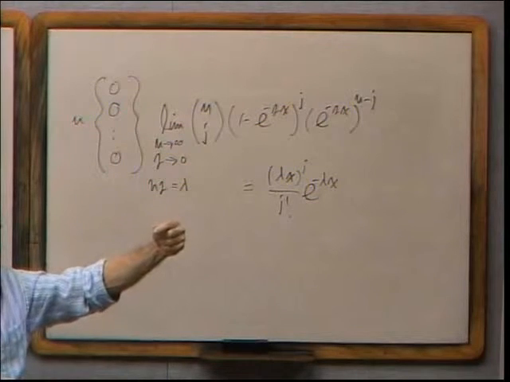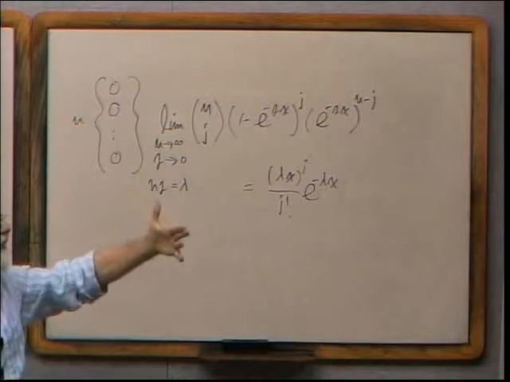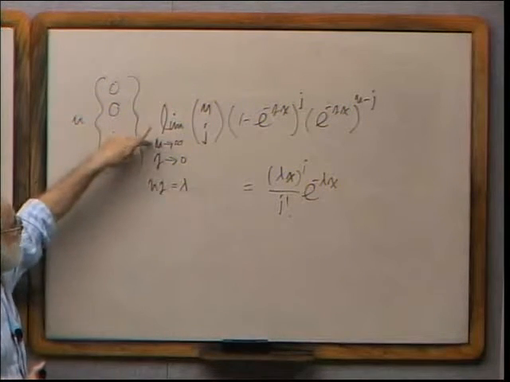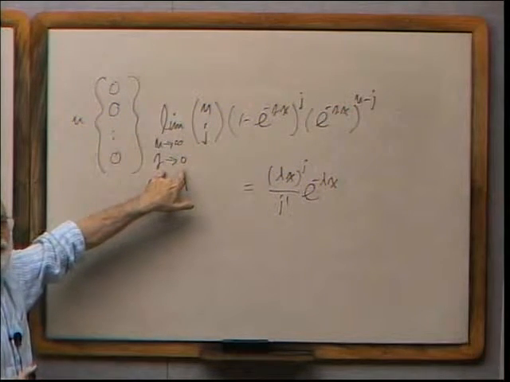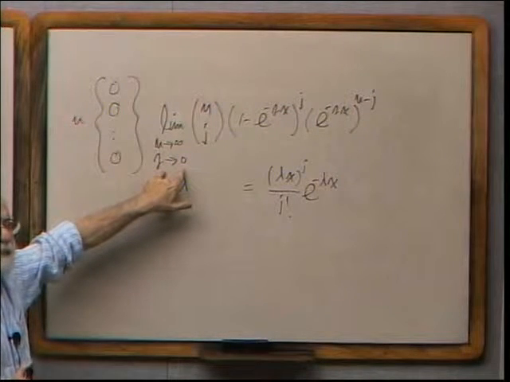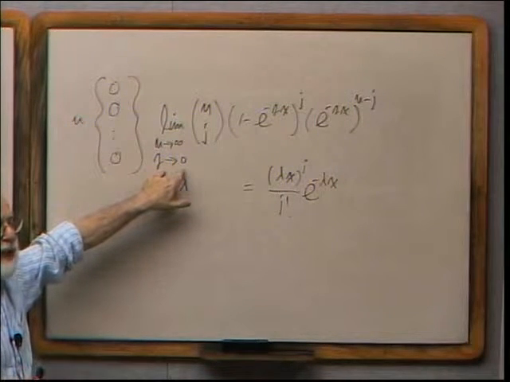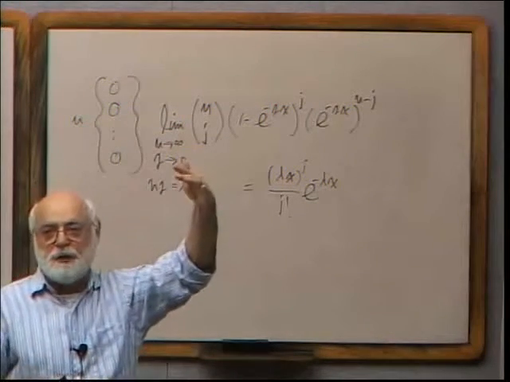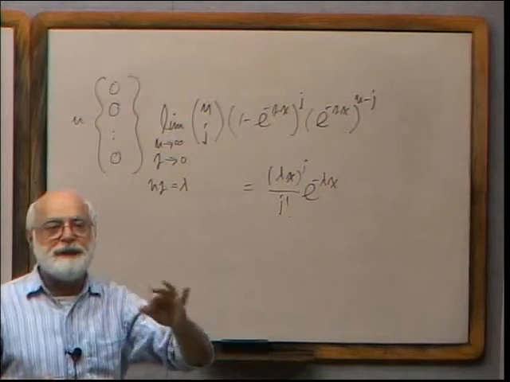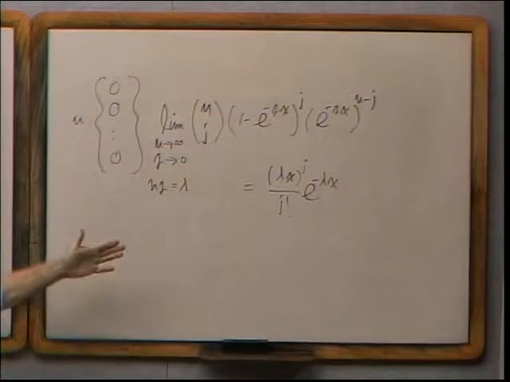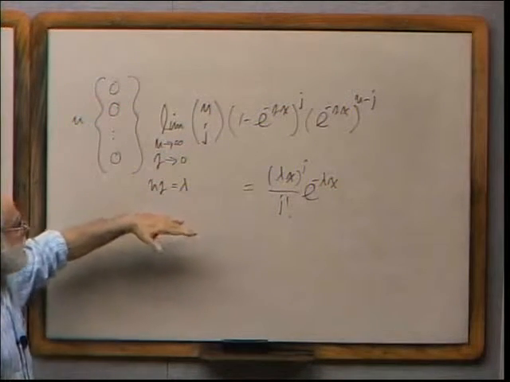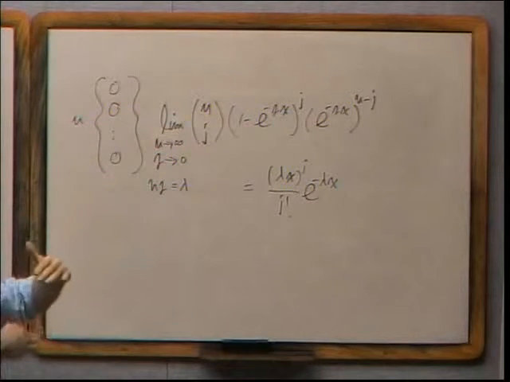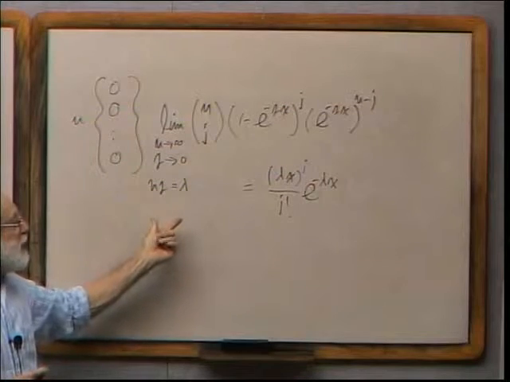But let me remove that, because if I let n go to infinity so that the rate per source is going to 0, that means that the probability that any individual source would actually make a request for service is essentially 0, because I've got an infinite number of these sources, each of which is generating infinitesimally small traffic. So therefore, if I look at the queuing model that I obtain when I have a finite number of sources and then take the limit of the answer, I should get exactly the corresponding queuing model for Poisson input.